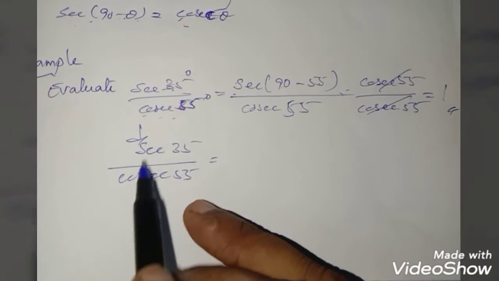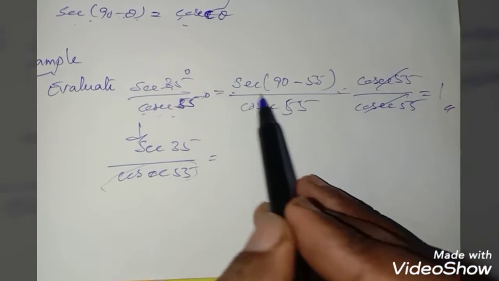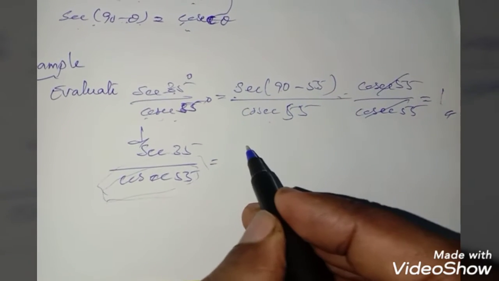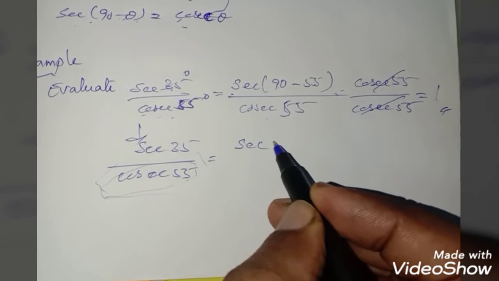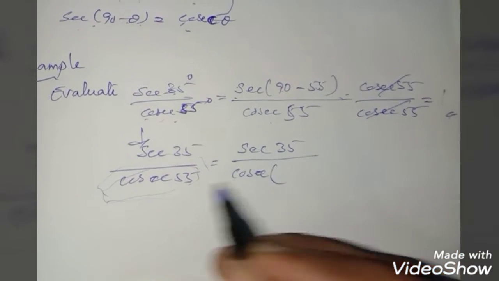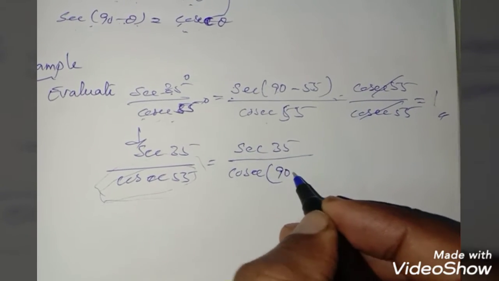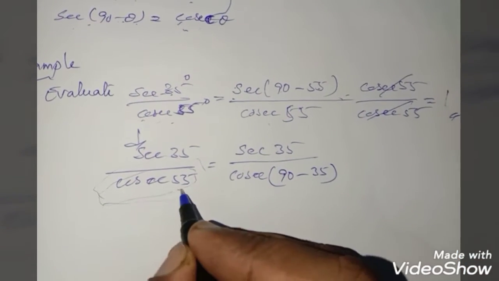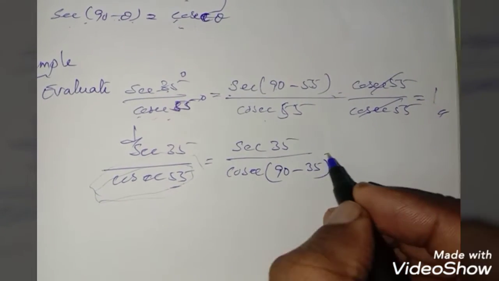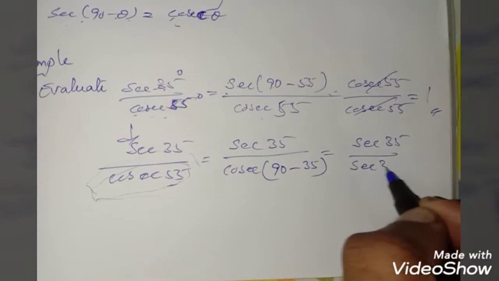In the previous problem we converted the numerator in terms of cosec; now we are converting the denominator in terms of sec. Cosec 55 can be written as cosec(90 minus 35), since 90 minus 35 gives 55. As per the formula, cosec(90 minus theta) is sec theta, so we get sec 35 divided by sec 35.